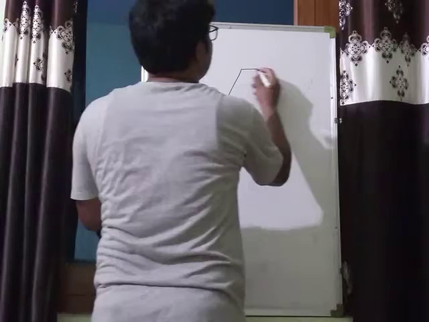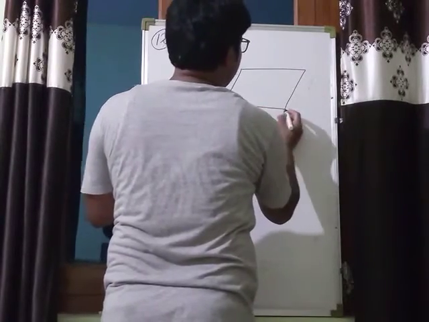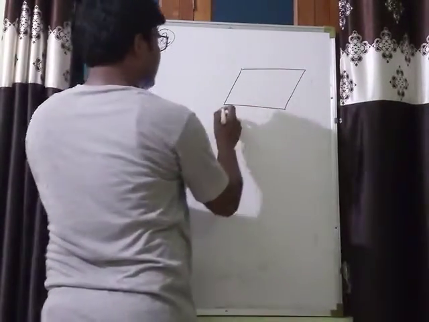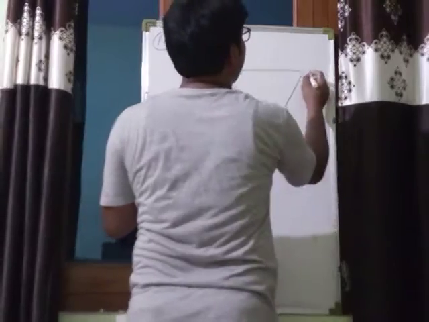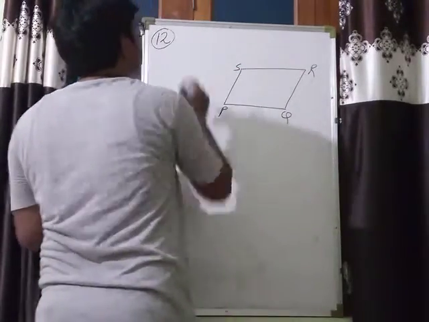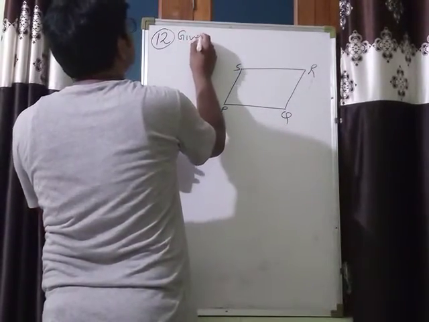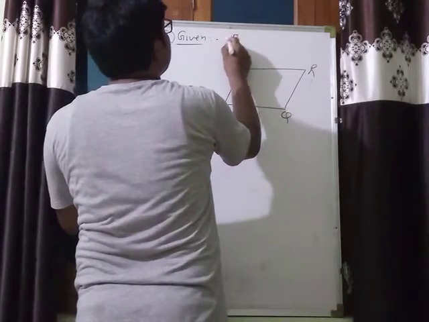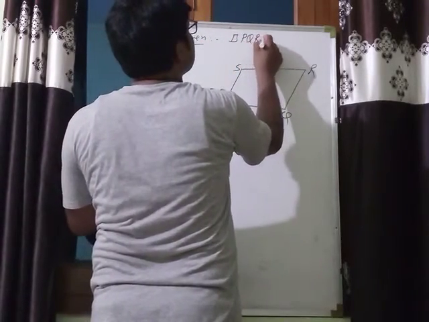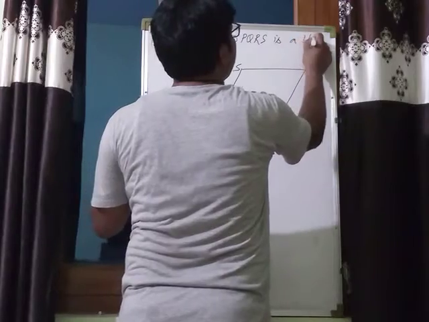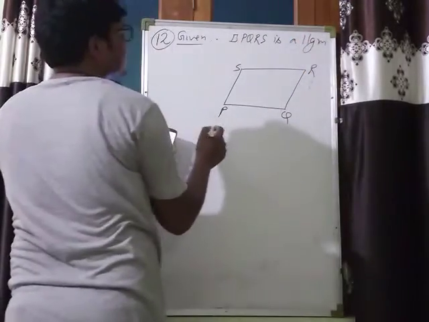This is a parallelogram PQRS. What is given here? Quadrilateral PQRS is a parallelogram.